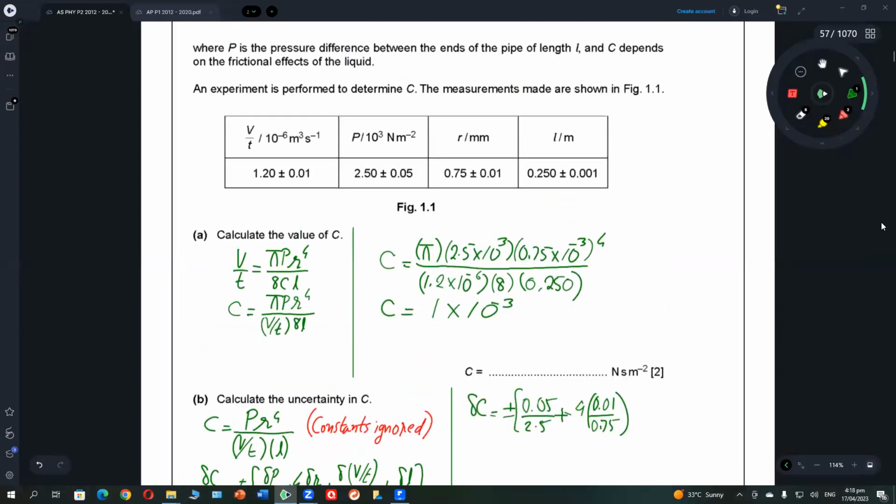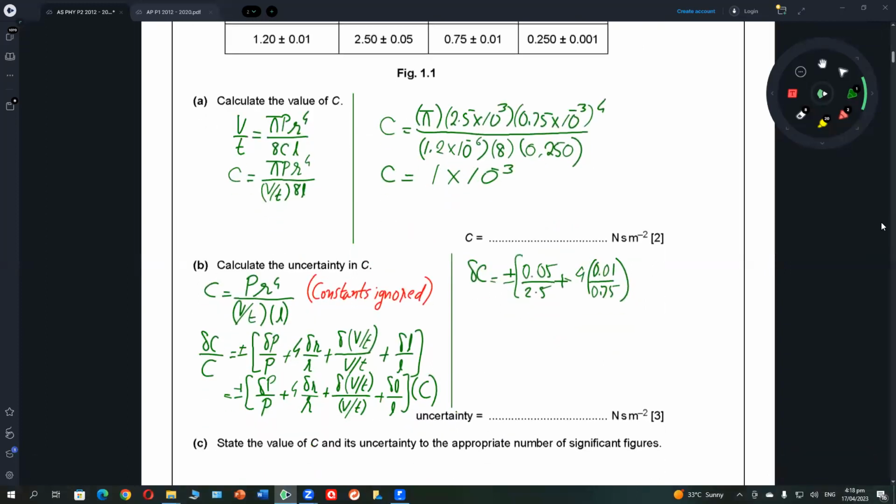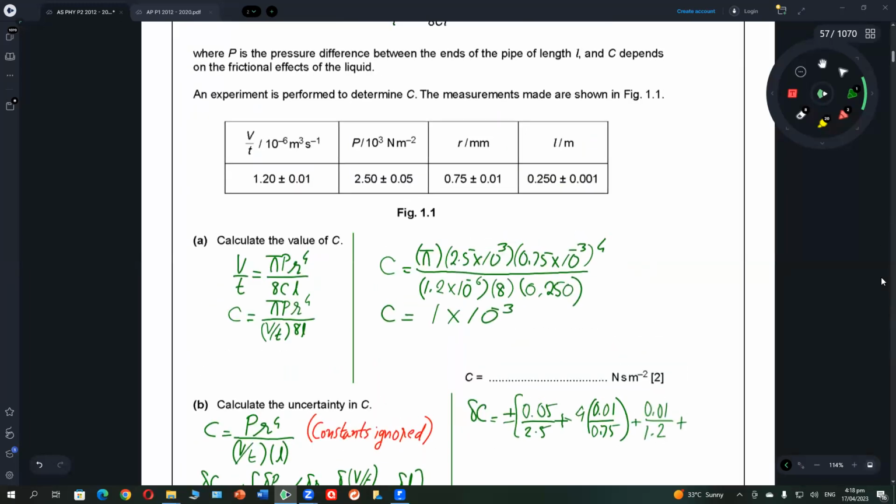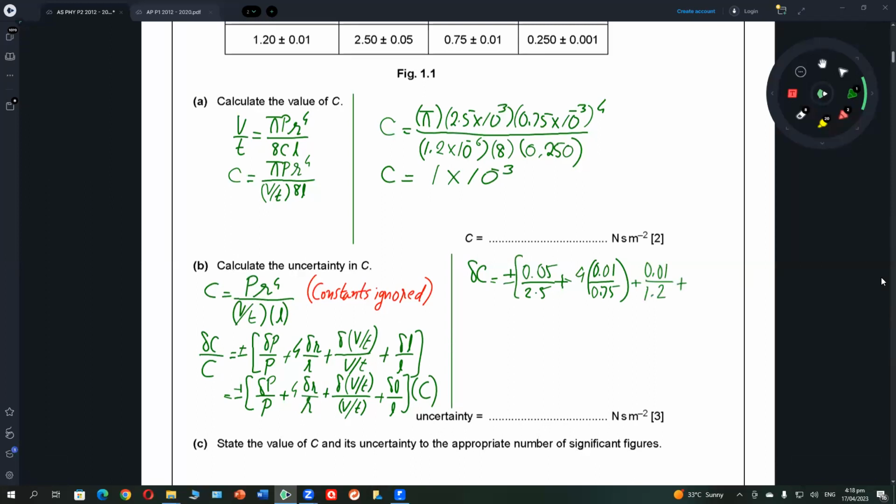Delta V upon V is 0.01 upon 1.2. And we have the value for C.